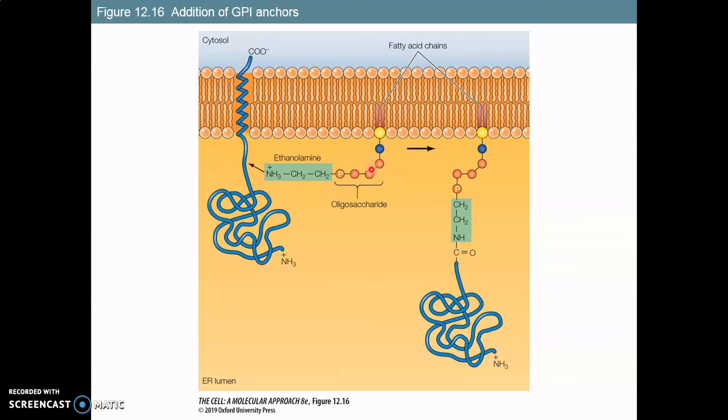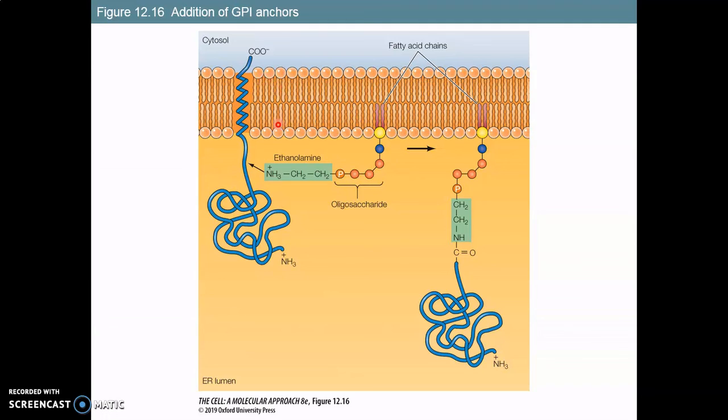The reason why the cell does this is, when you have something that spans the entire membrane, it does place certain constraints on where that protein can show up.